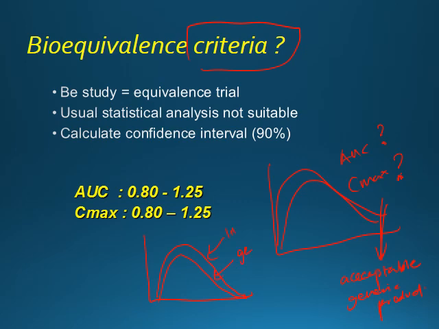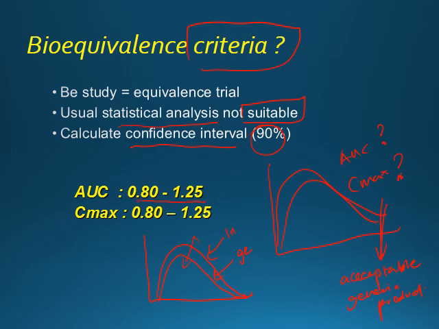Usual statistical analysis is not suitable to compare the two curves, and in this case we use the confidence interval. We are looking at the 90% confidence interval. The confidence interval for AUC should be between 0.8 to 1.25.